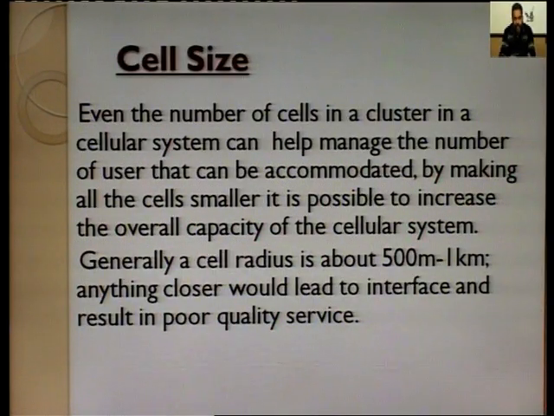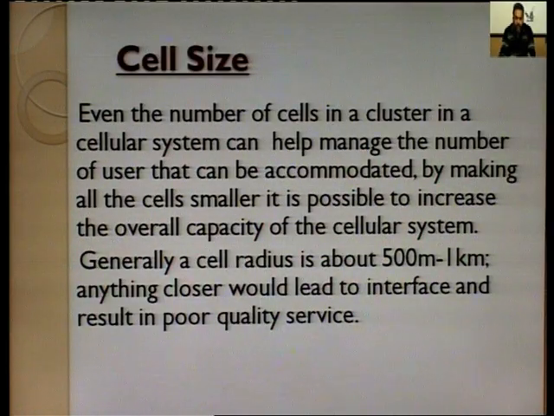It depends on the area where the tower or cell site is located. For example, in cities where population density is more, the cell size is small, the cell radius is less, maybe 500 meters. If the population density is less, then the cell area will be large, up to 1 kilometer or even more in rural areas.